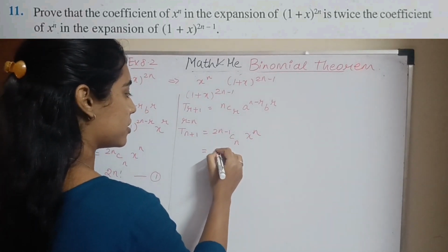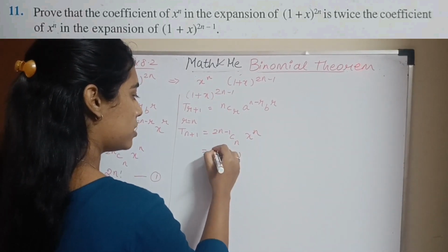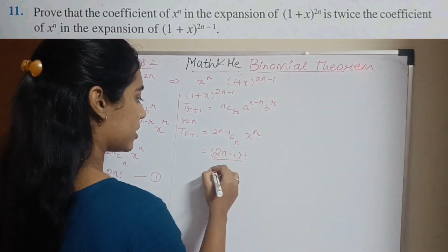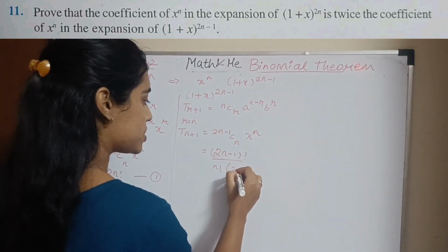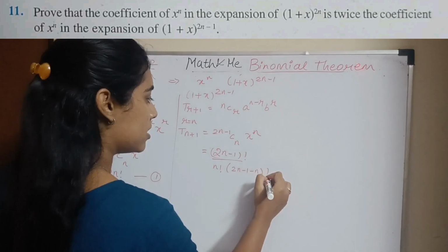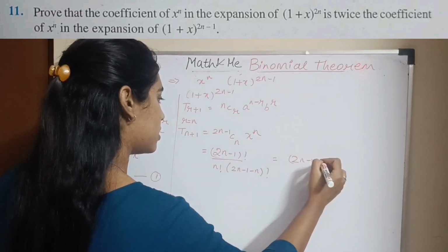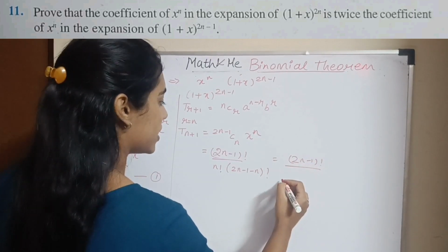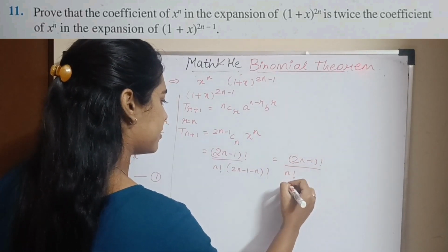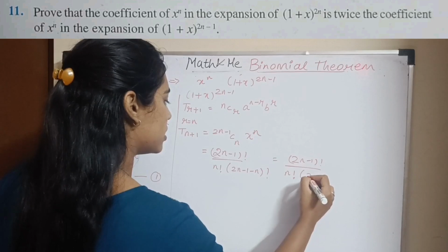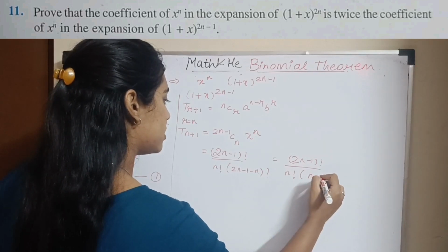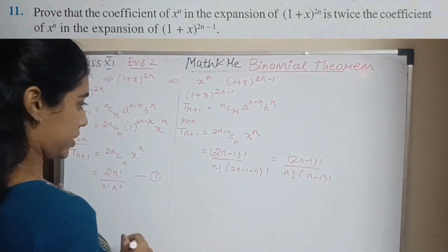So what is my coefficient here? 2n minus 1 the whole factorial divided by n factorial times 2n minus 1 minus n the whole factorial, which is 2n minus 1 the whole factorial divided by n factorial times n minus 1 the whole factorial.